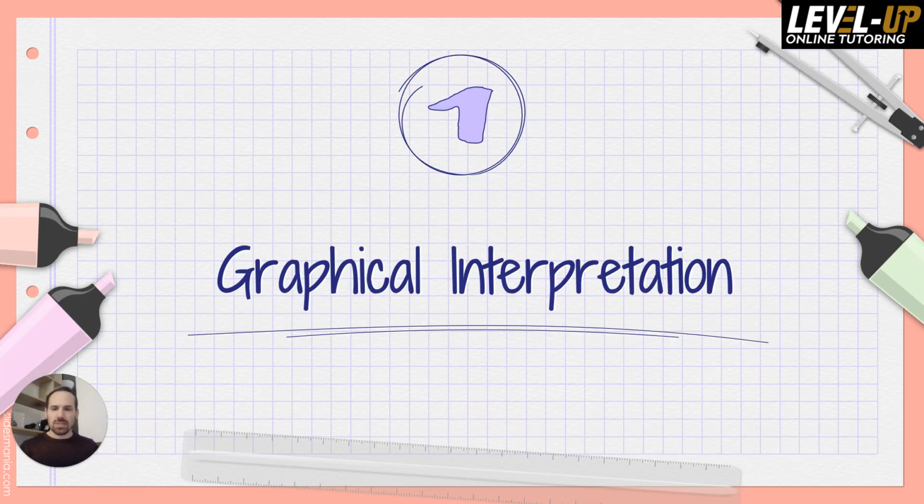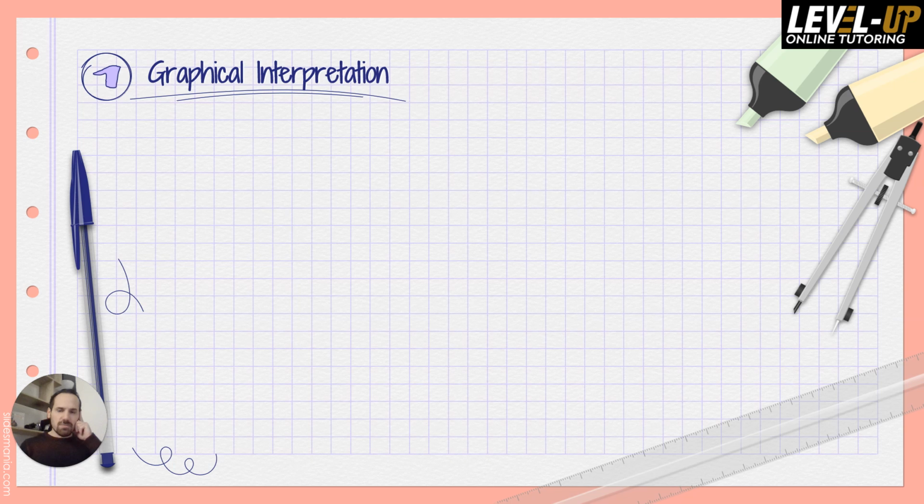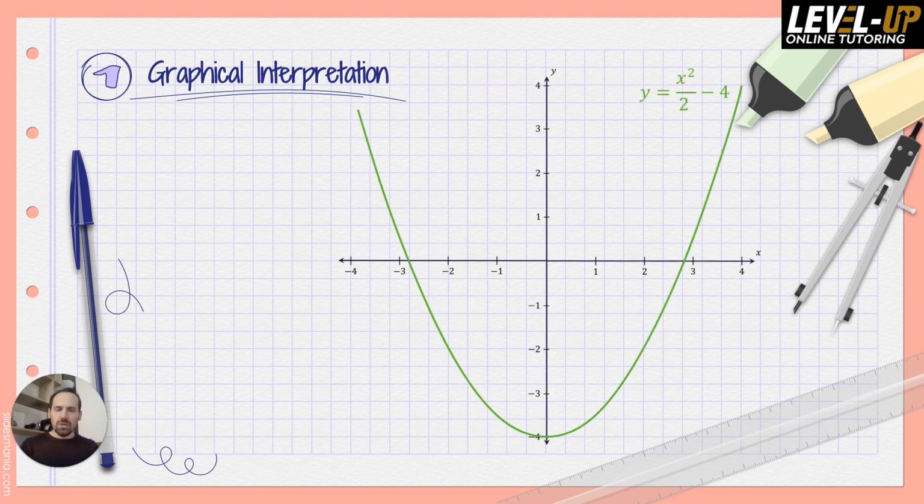So first of all, the graphical interpretation. We've seen before what that is when it was two linear equations. So here I've got a quadratic equation. Remember what that represents is basically all the points that are solutions to that equation. So you see all these points I've generated here.